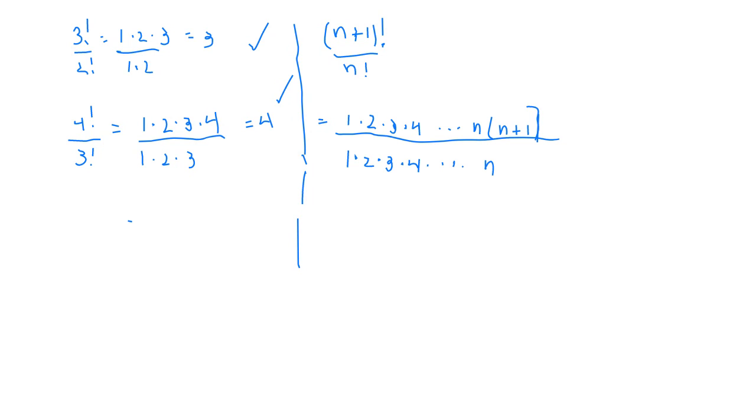So all of the terms are going to simplify out, and you're going to be left with n plus 1. And this is why n plus 1 factorial over n factorial is equal to n plus 1. Okay? So now let's go back to the example that we were looking at.